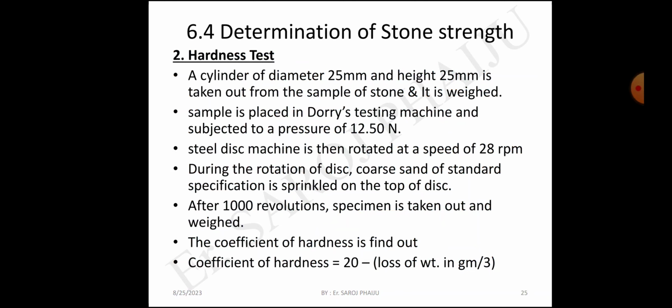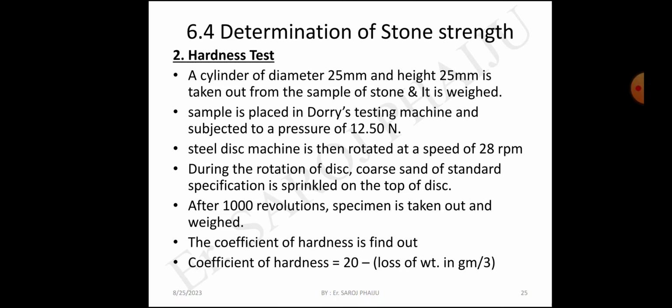Hardness test. A cylinder of diameter 25 mm and height 25 mm is taken out from the sample of stone and weighed. The sample is placed in Dorry's testing machine and subjected to a pressure of 12.5 Newton. The steel disc machine is then rotated at a speed of 28 rpm.